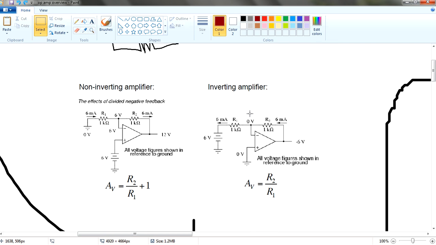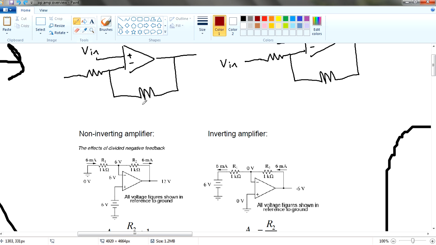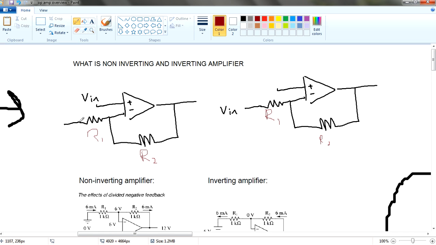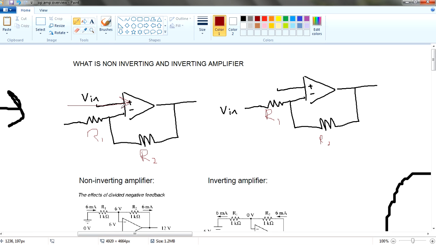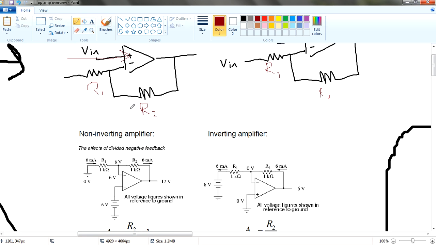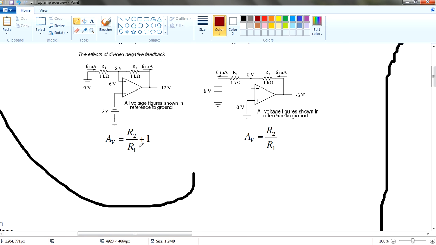As you can see, the equations use two resistors. This is R2 and this is R1. Similarly, this is also R2 and this is R1. If you have a non-inverting side and you connect a voltage into this op amp, you are going to have a gain of R2 divided by R1 plus 1.